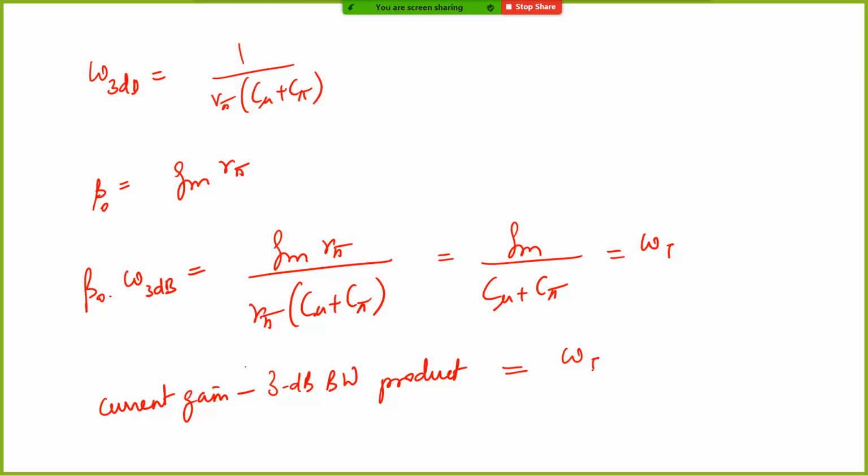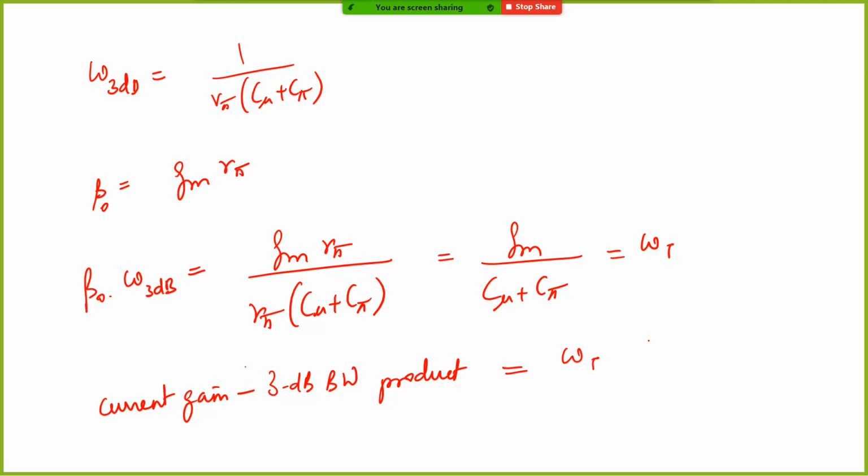Okay, so the current gain, the low frequency gain, and the bandwidth product becomes equal to omega t, which is the transition frequency. Of course here we looked at the current gain, so this is also what is called the gain bandwidth product.